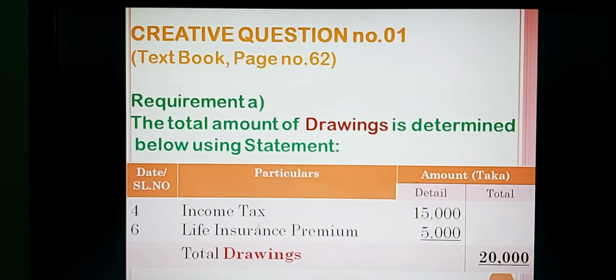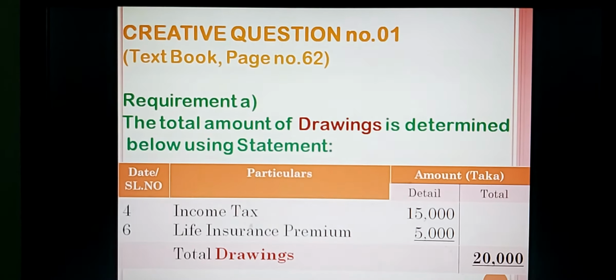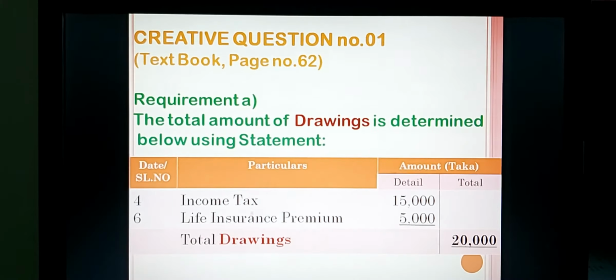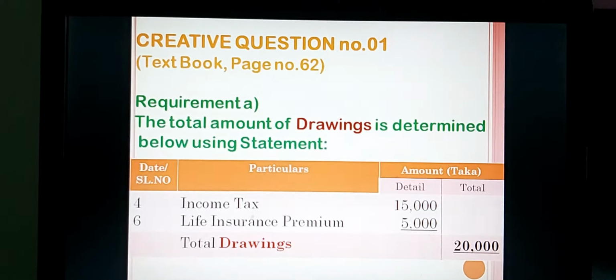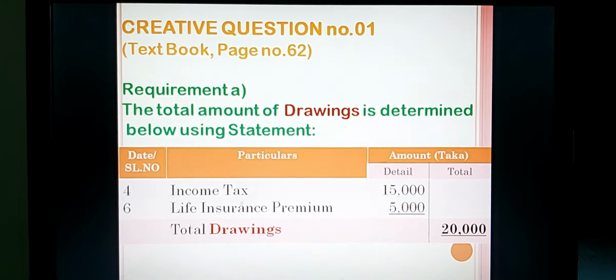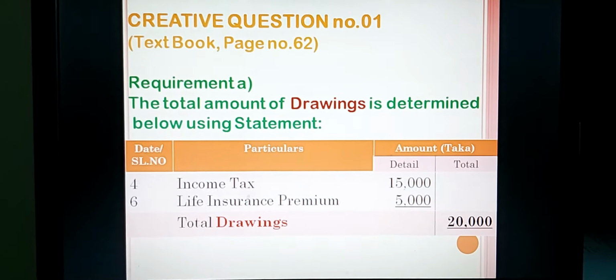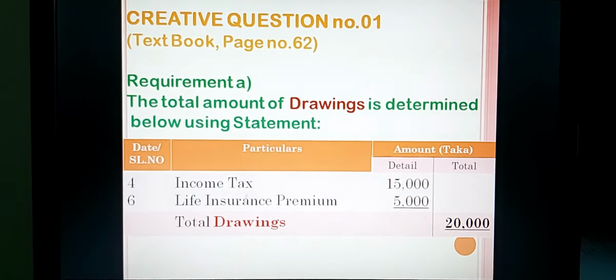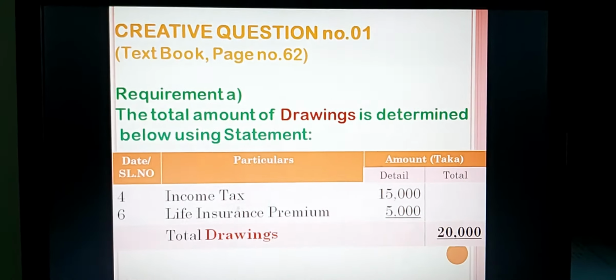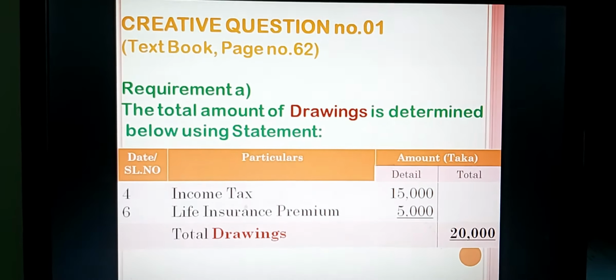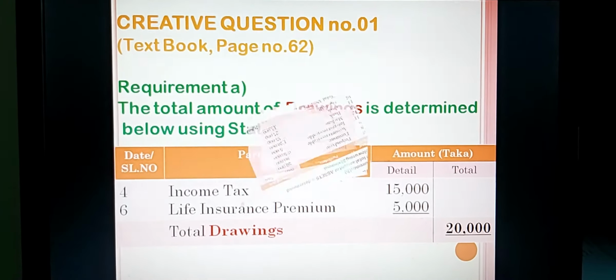So requirement A, total amount of drawings is taka 20,000. Okay, dear learners, I think you have already written requirement A in your copy. Now you can go to the next requirement.